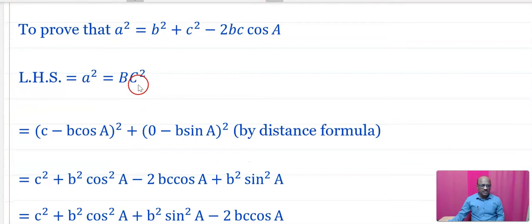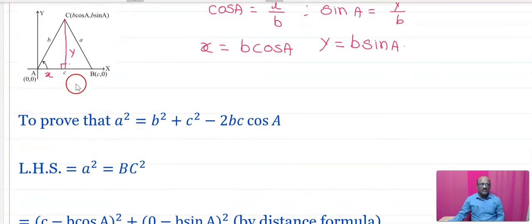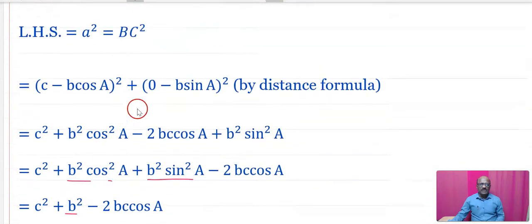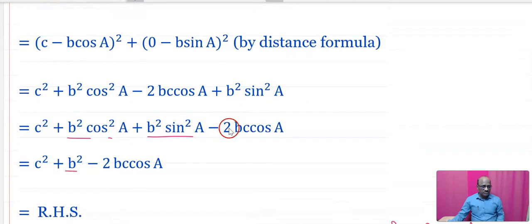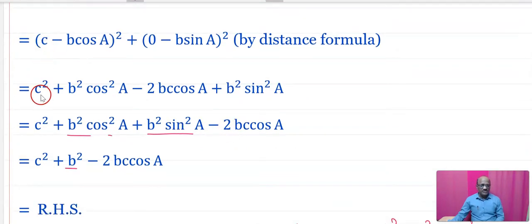By using the distance formula, you will have (c minus b cos A) whole square plus (0 minus b sin A) whole square. Expand this: c square plus b square cos square A minus 2bc cos A, and last, b square sin square A.